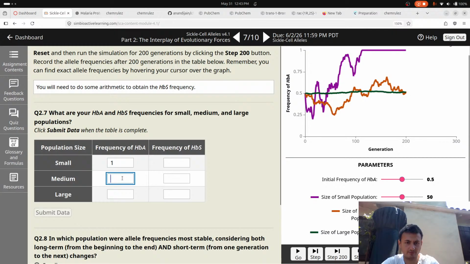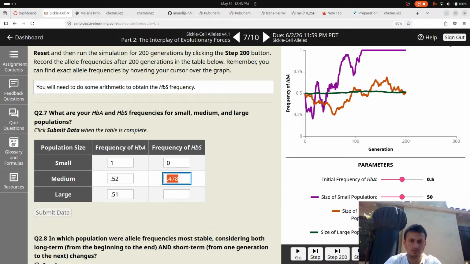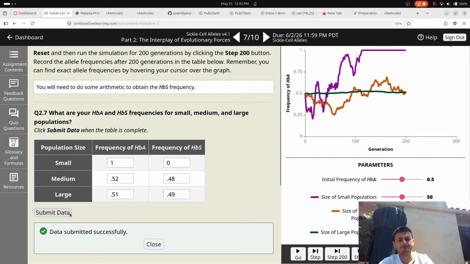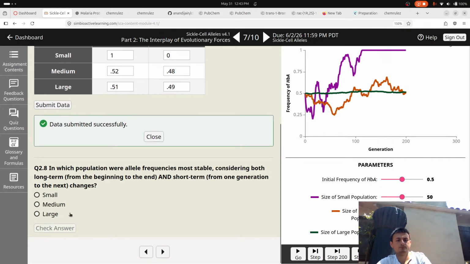0.52, 0.51, 0.52, 0.51. Which population were allele frequencies most stable?